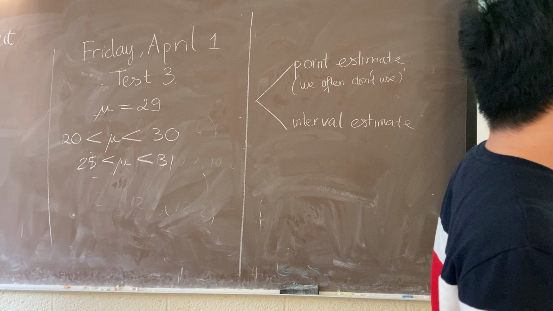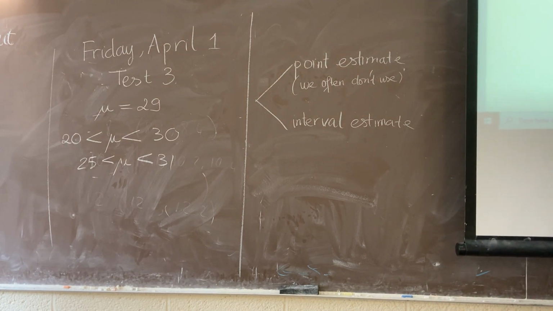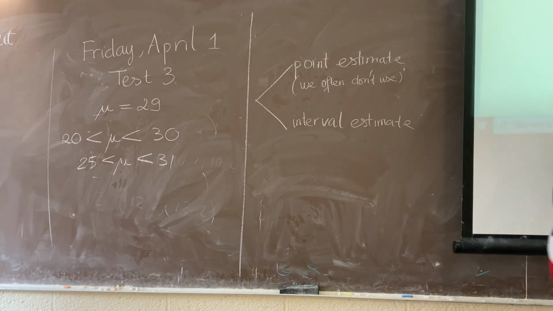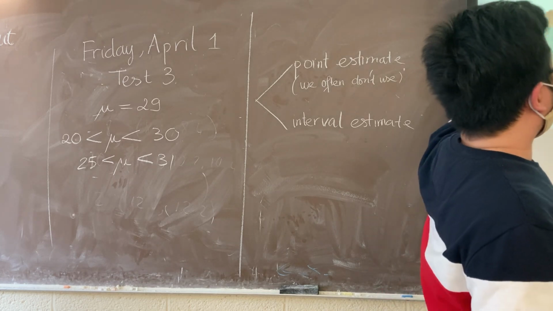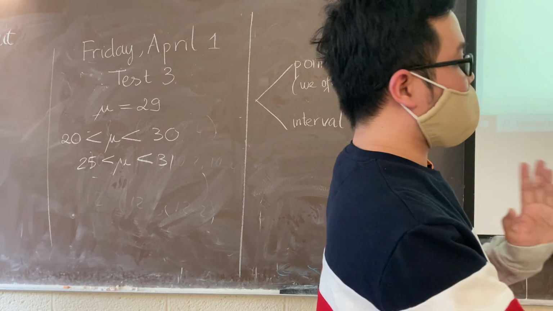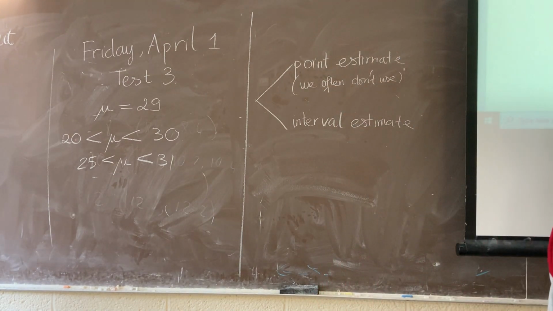As you can see in the picture, only the fifth interval does not contain the actual population mean. That's the meaning of the confidence level. If we have 90%, then when we have 10 intervals, we will get 9 intervals containing the population mean.